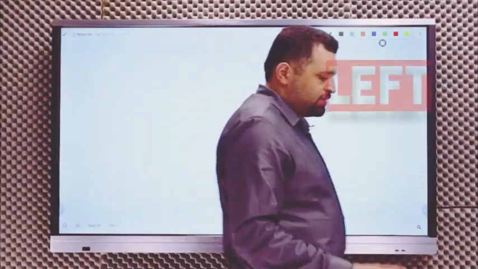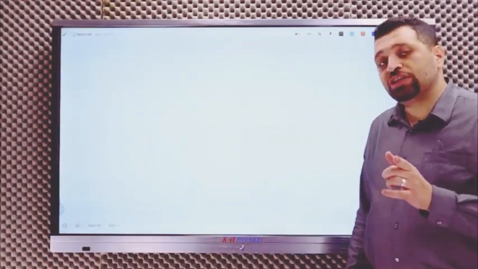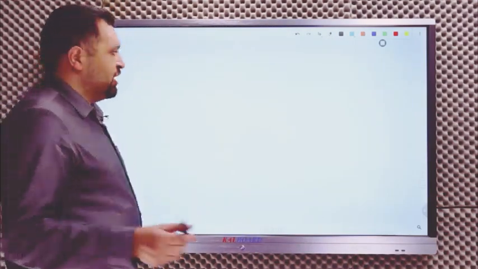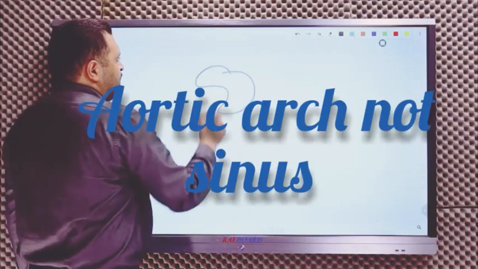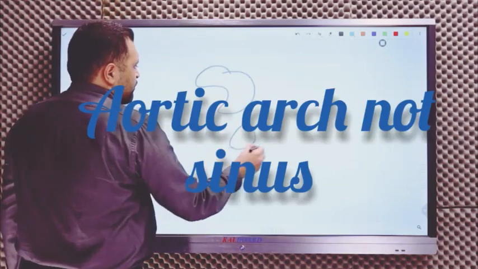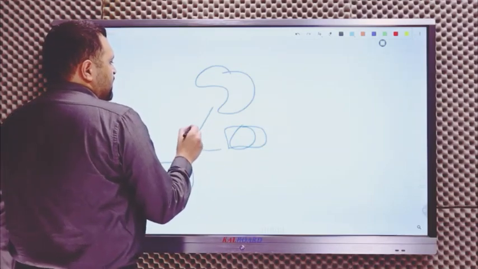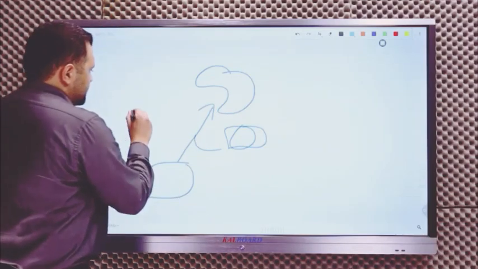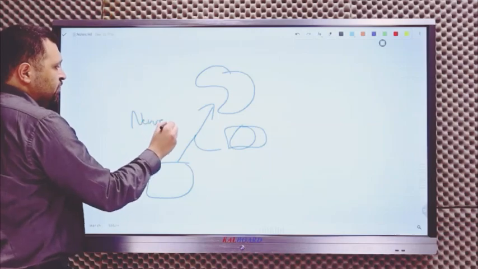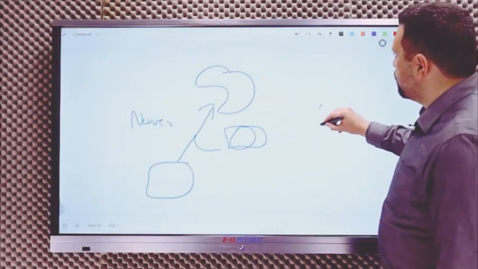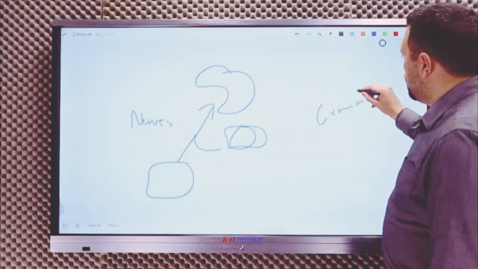These two sites, the sinuses, when you have a change in blood pressure, they sense the change and send info to the brain. So here is the brain, and here are the receptors, both of them. How do they send the info to the brain? Through nerves. If you study nerves, you will know something called the cranial nerves.